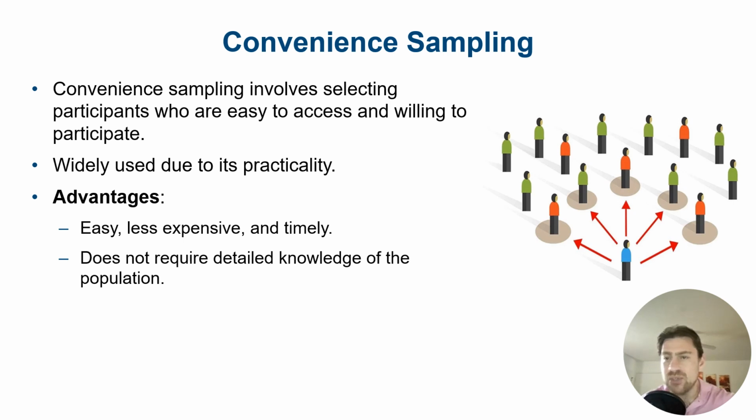So convenience sampling, this involves, as the name implies, selecting people for your study who are accessible to you and are willing to participate. And the reality is that this is the most common form of sampling for, I think, fairly obvious, practical, pragmatic reasons.